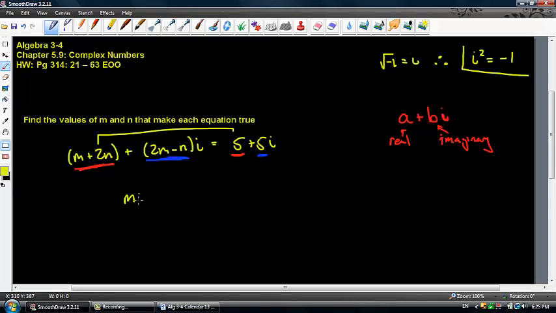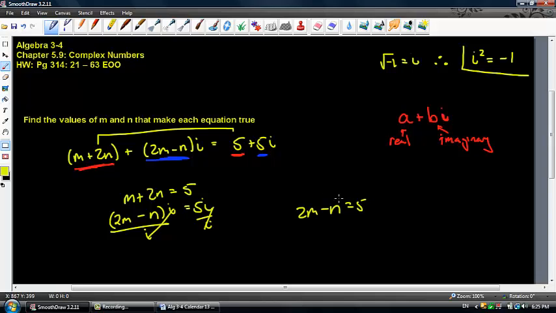So I get m plus 2n equals 5, and then (2m minus n)i equals 5i. On the bottom, I'm going to go ahead and divide out my i's. So what I get is 2m minus n equals 5. On top of that is m plus 2n equals 5.